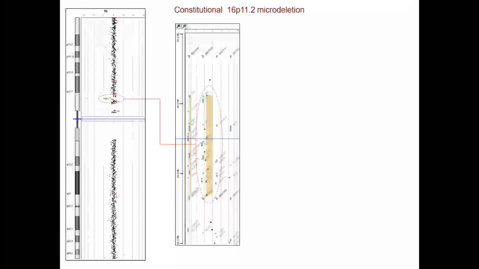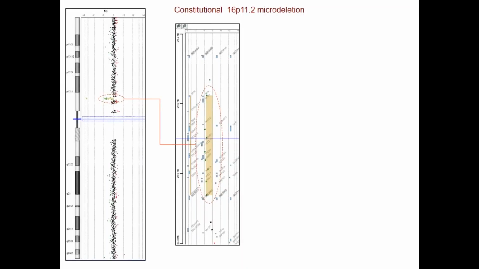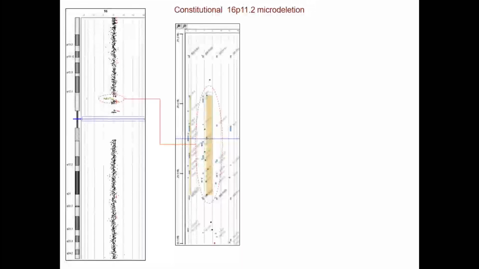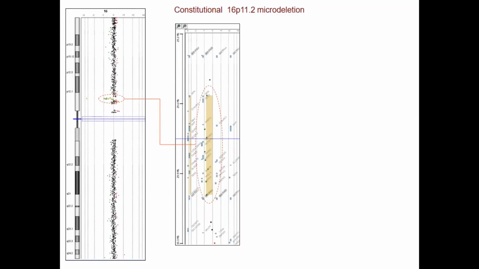And this deletion or duplication is caused by that mechanism I mentioned earlier, the non-allelic homologous recombination. And the breakpoints are clustered in the flanking segmental duplications. So these are the segmental duplications that mediate these deletions and duplications.